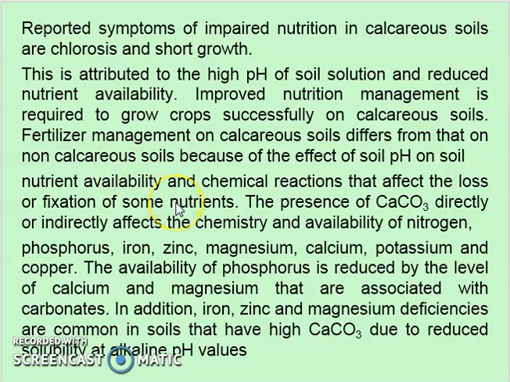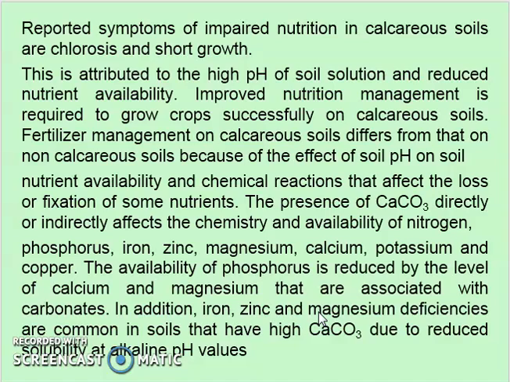Nutrient availability and chemical reactions affect the loss or fixation of some nutrients. The calcium carbonate affects the chemistry of calcareous soil. How? Phosphorus, iron, zinc, magnesium, calcium, potassium, and copper suffer from non-bioavailability or precipitation on calcareous soil.